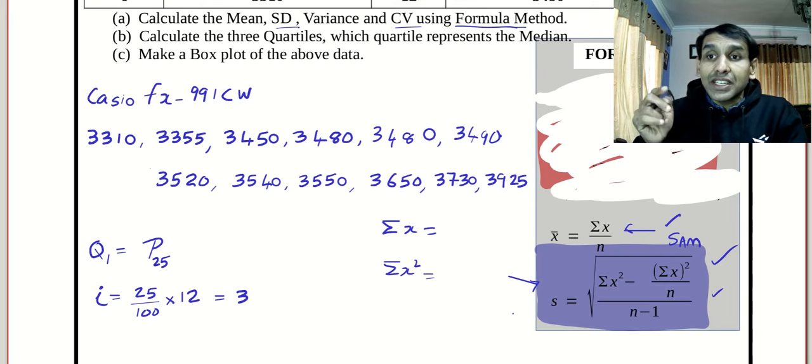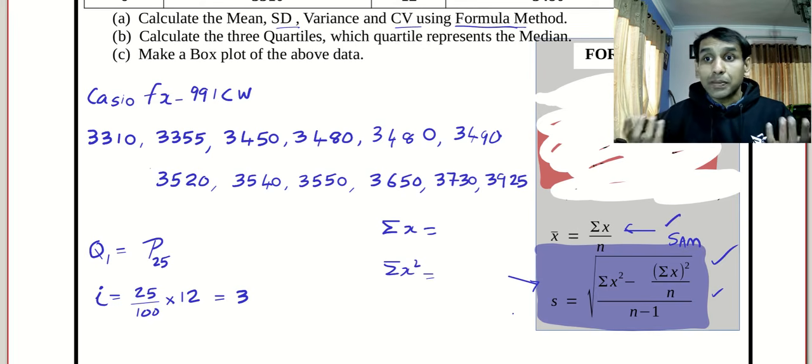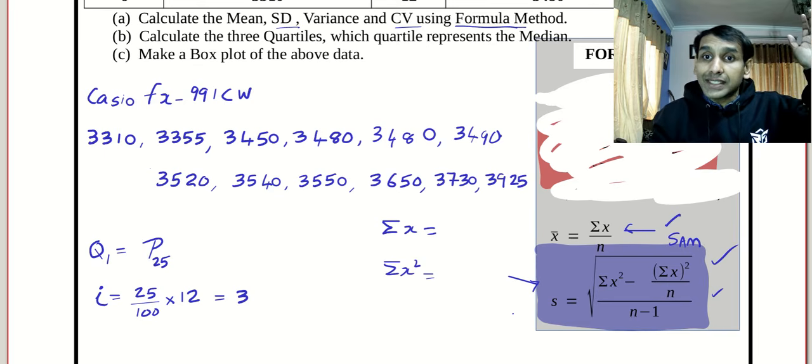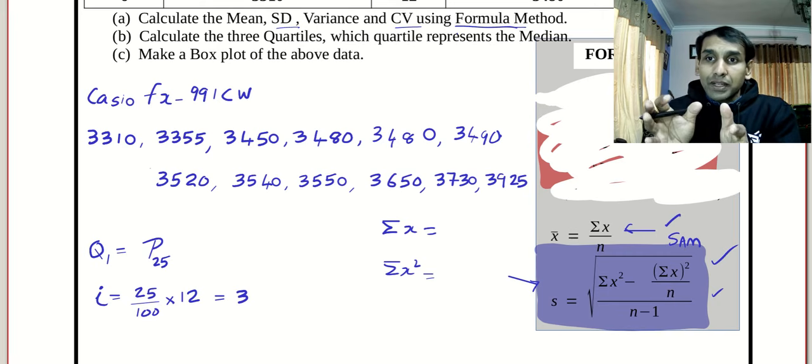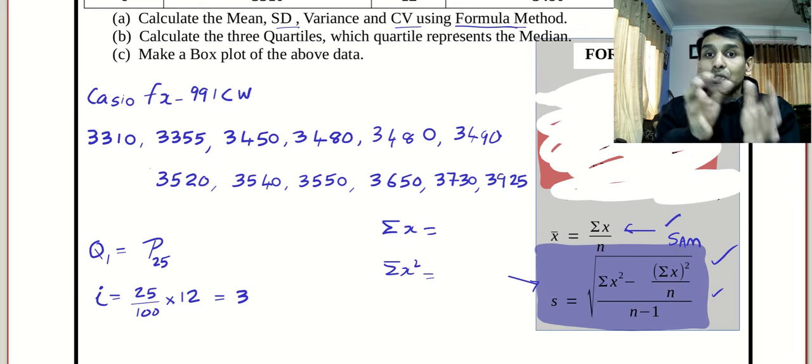Now you might be thinking, I know the formula for arithmetic mean, I know the formula for standard deviation from class 12. No. The formula for sample standard deviation is different than the formula for population standard deviation, which you learned in class 12. So be aware, whenever they use the word formula method, your calculator will not help as it used to help you earlier.